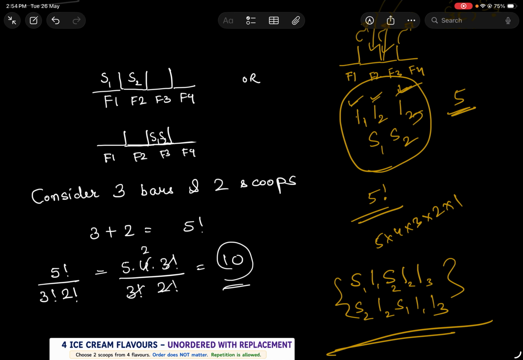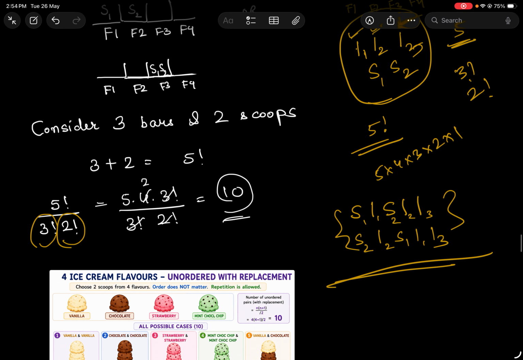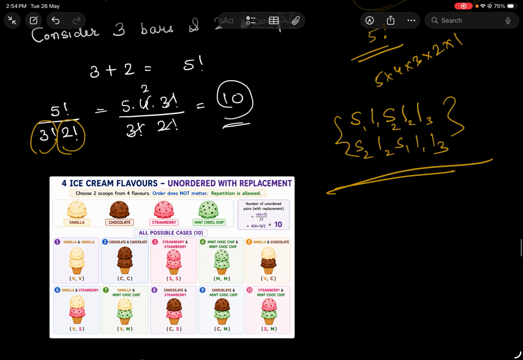It doesn't matter where stick 1 is or where scoop 1 is. So I have to divide by the ordering of the 3 sticks, which is 3 factorial, and the ordering of the 2 scoops, which is 2 factorial. Hence, the answer is 5 factorial by 3 factorial 2 factorial, which is 10. These are the 10 cases relevant for this case.